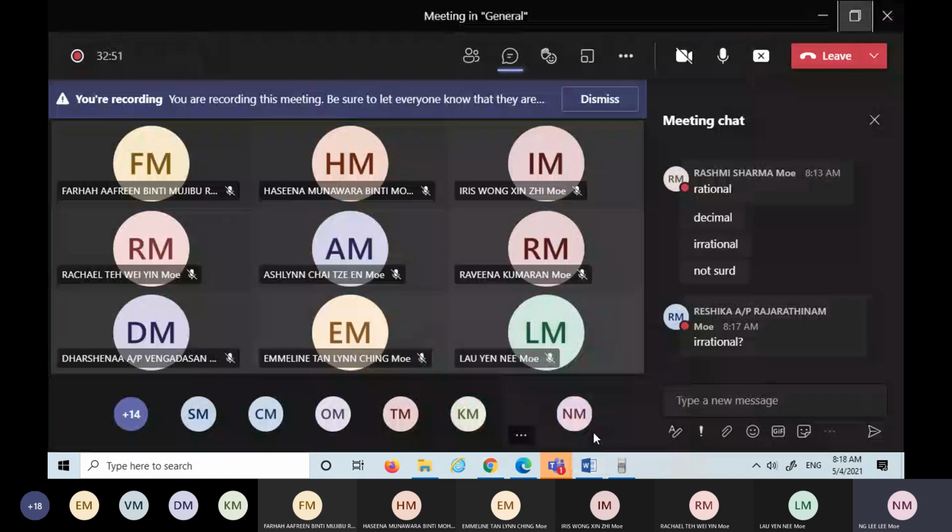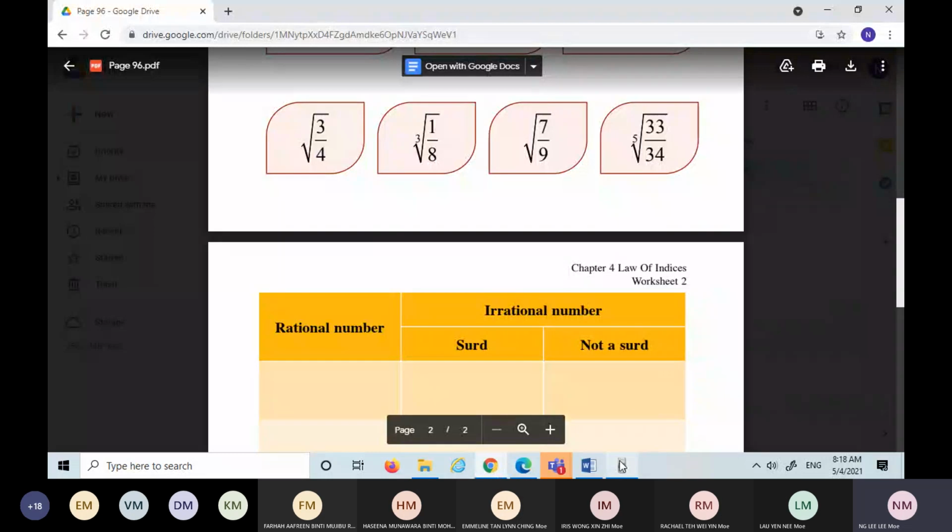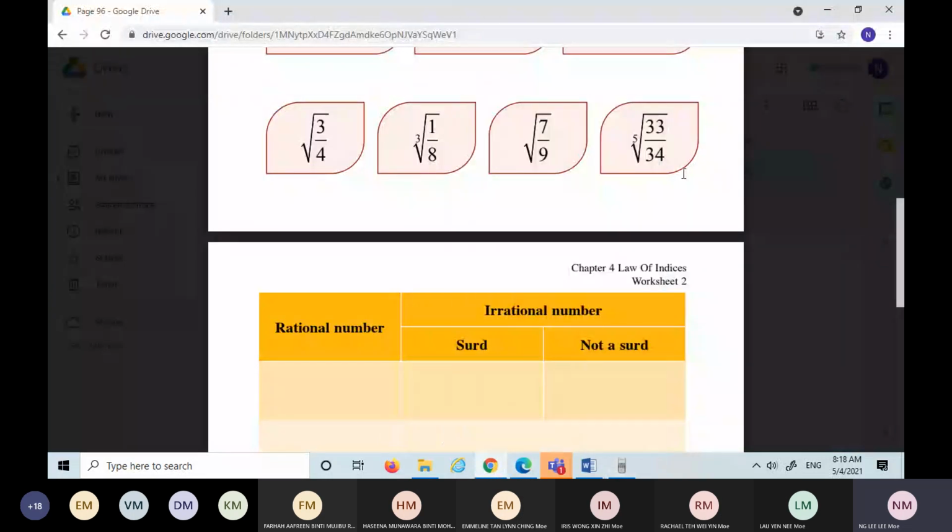Irrational. If you use a calculator, it will give you a non-repeated decimal, so irrational. Okay, so if irrational, is it surd or not surd?